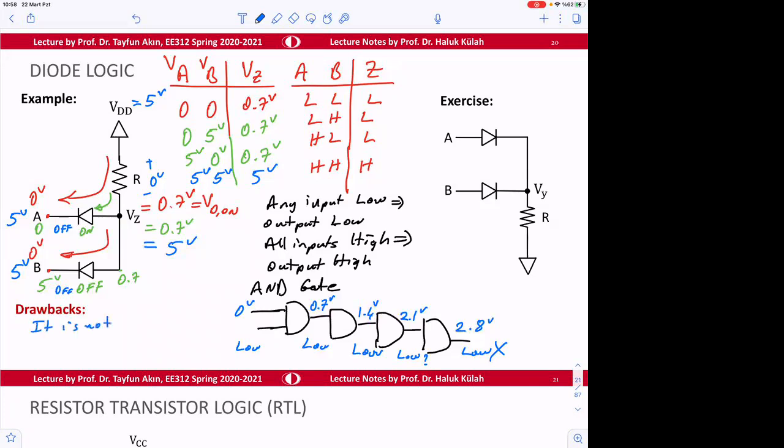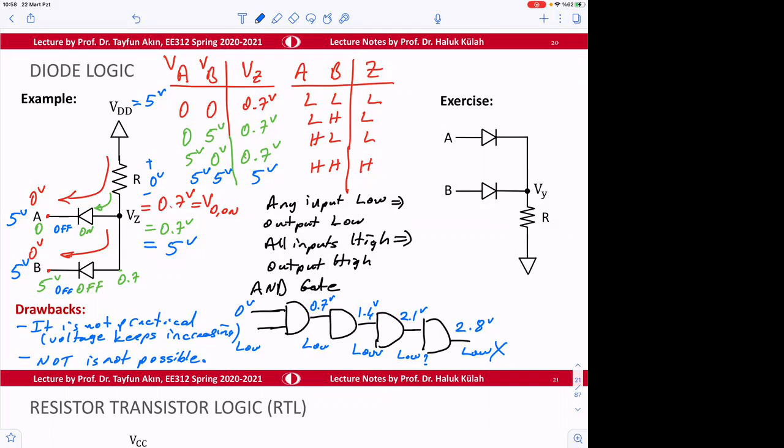It is not practical to use this as a circuit. Voltage keeps increasing. And the second thing is that the NOT option is not possible, or inverter. Okay, inverter is not possible.